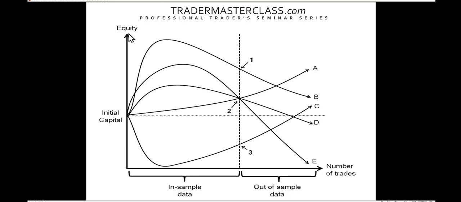But for the sake of simplicity and clarity, because I do not intend for this video to be a long video, just short, succinct, straight to the point, let's just get to the meat and potatoes of it. So equity on one axis, number of trades on the other. All this represents equity.